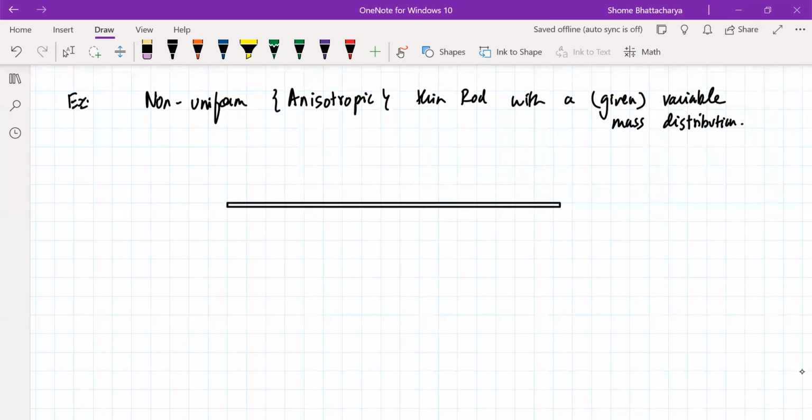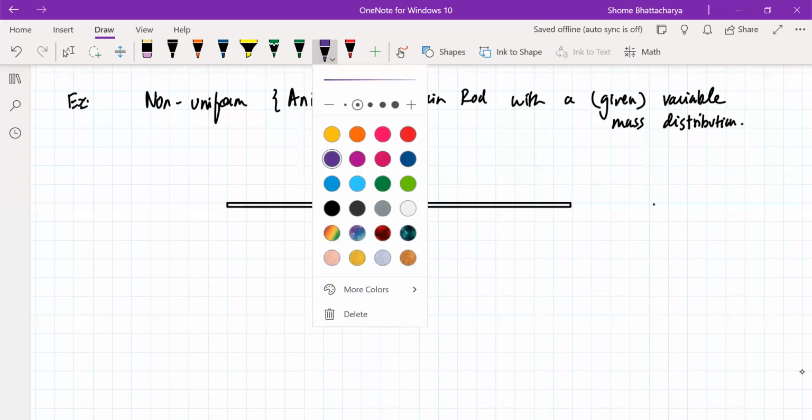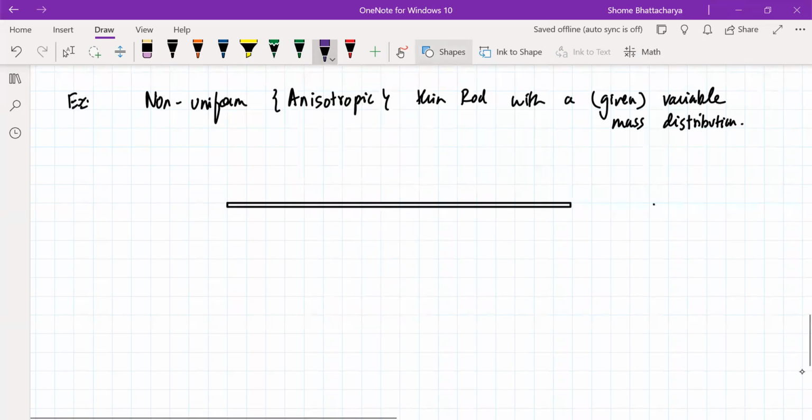So this is our thin rod, let's say. So suppose the length of the rod is L.